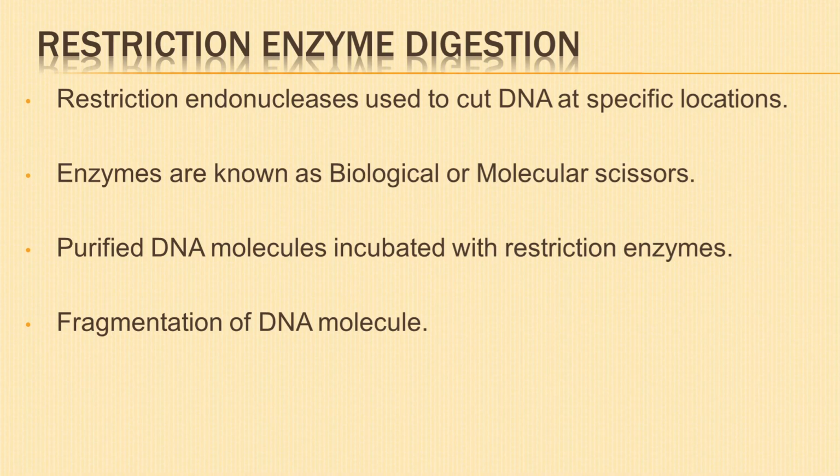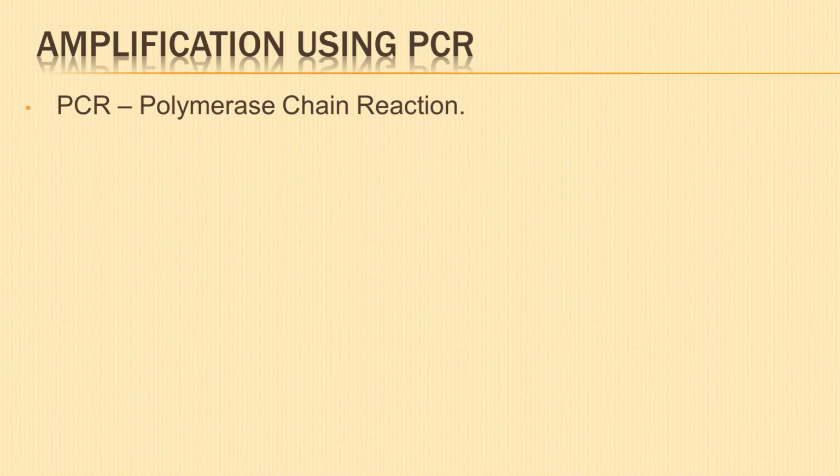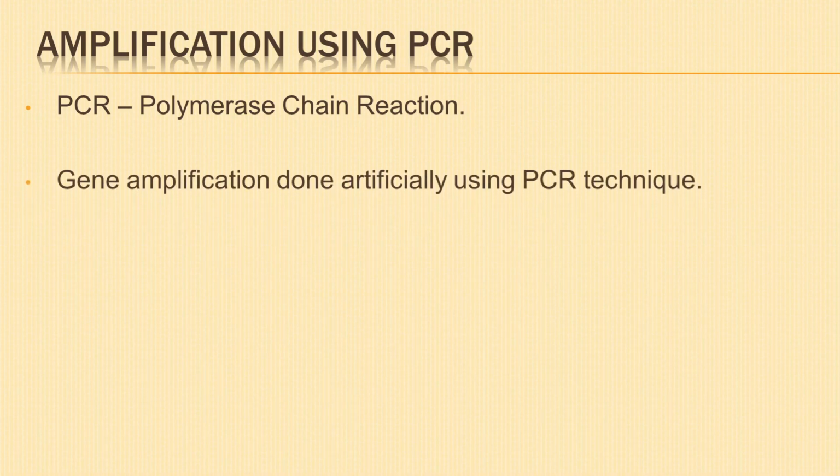Let us continue with the steps involved in recombinant DNA technology. Third step is amplification using PCR. PCR stands for Polymerase chain reaction. Gene amplification can be done artificially using polymerase chain reaction technique.